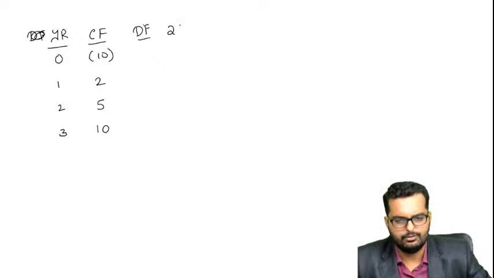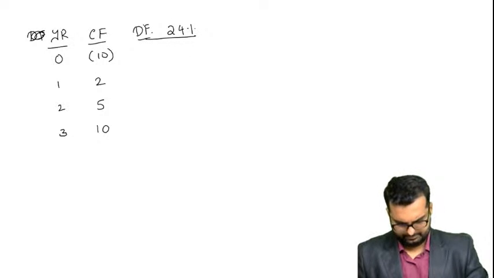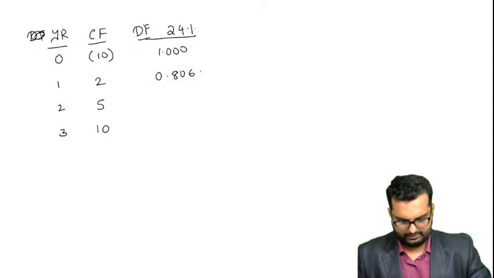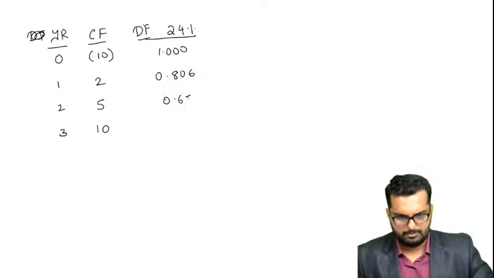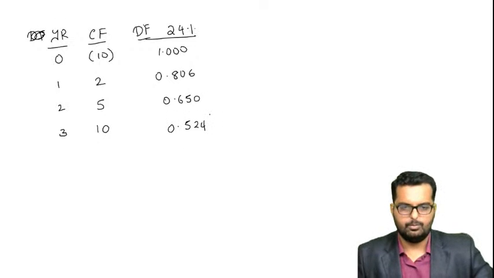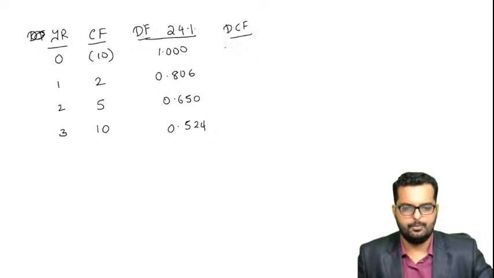Let's try an aggressive 24%. Let's try with that. 1.806, 0.650, 0.524. Let's check it now.